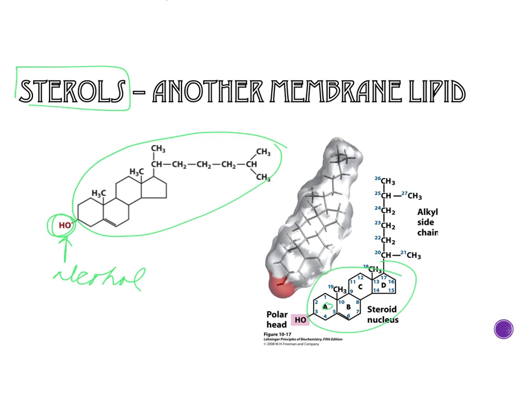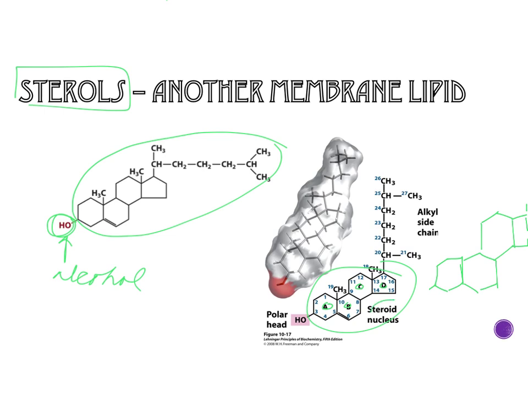So it's 3 6-membered rings and then 1 5-membered ring, and they're always connected in this fashion, where the first two are right next to each other, and then the third one is up high, and then the last one is over to the side. And then they may have many different functional groups coming off of them.